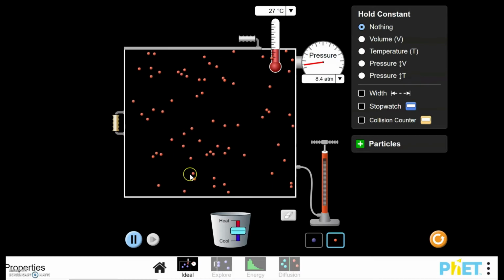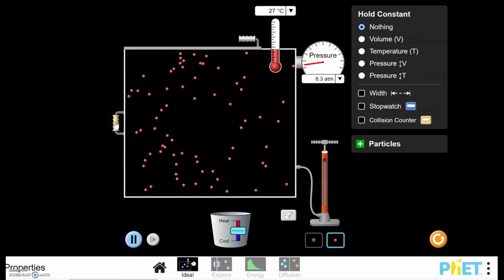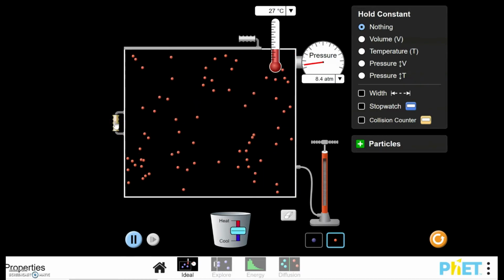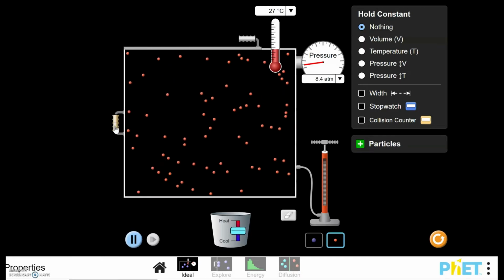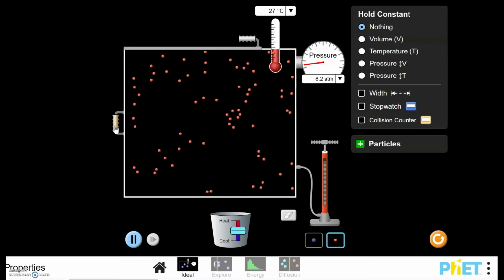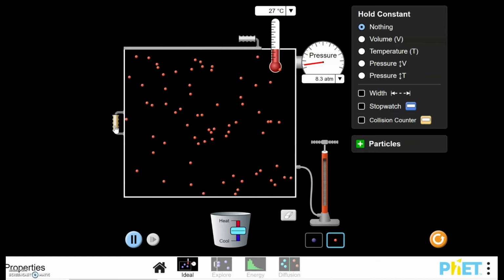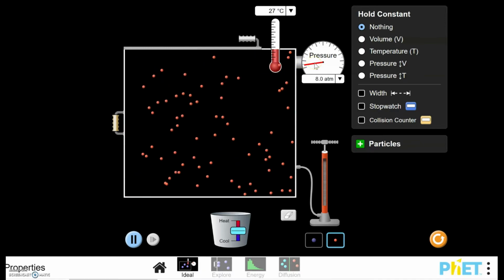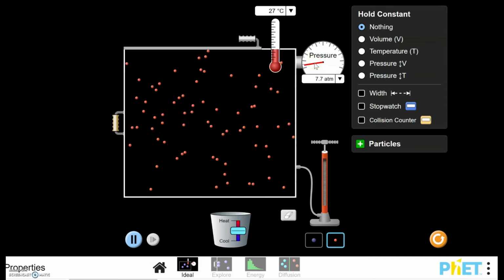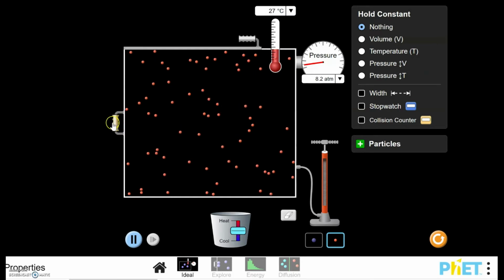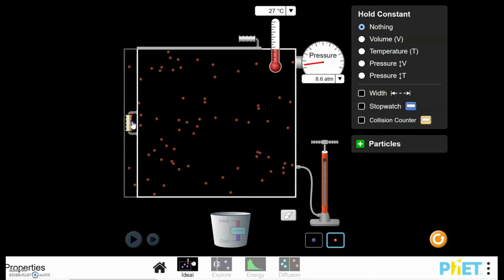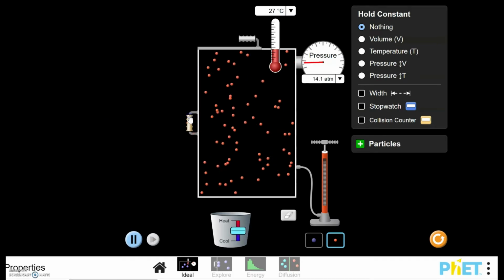What we're interested in now is the volume. And so this chamber is interesting because we can change the volume of this chamber at will. And what we're going to do is decrease the volume. And what we want to do is pay attention to what this pressure gauge is doing. So what we'll do is we'll decrease this volume slowly.